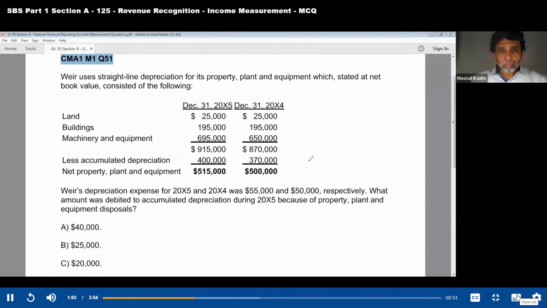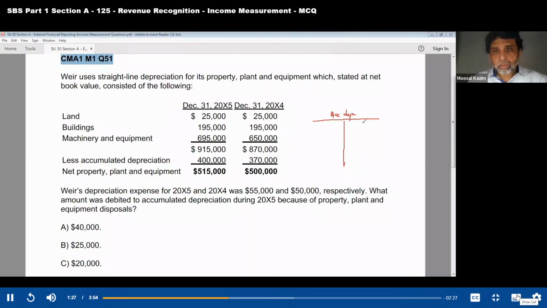So what we can do is draw the T account. I will do it by that method, the T account. So accumulated depreciation. We have a credit balance.